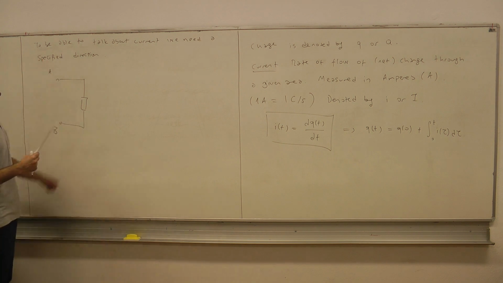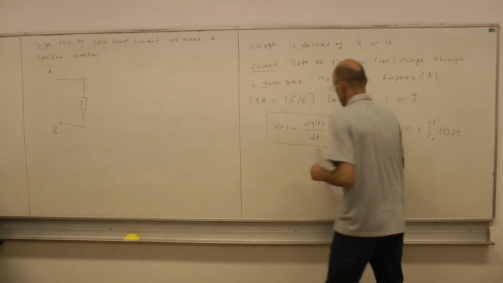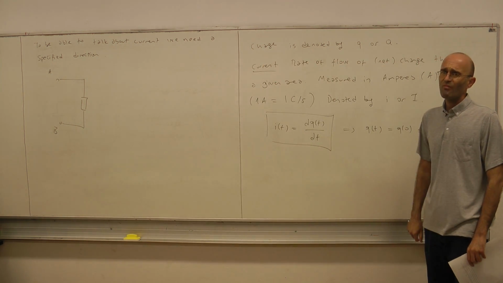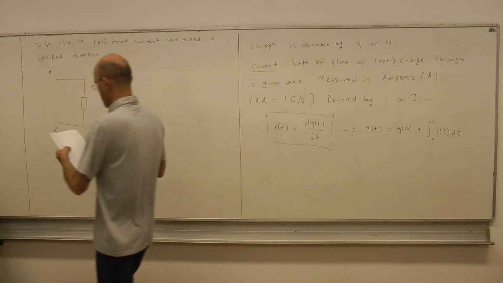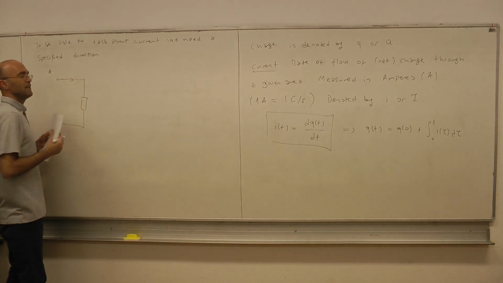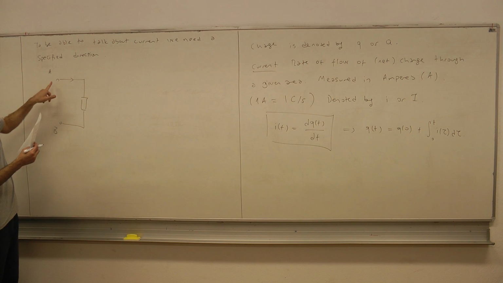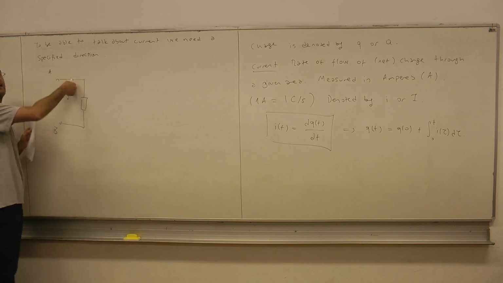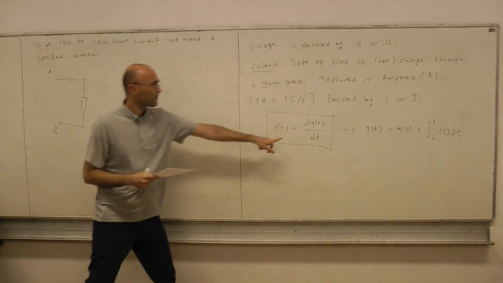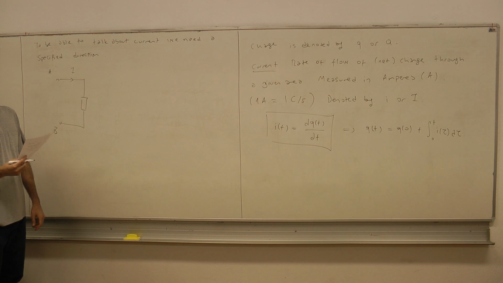Okay, from left to right or right to left, and then you count negative charges, positive charges, and you look at your watch, and according to this mathematical formulation, you figure out the current. Okay? So for that, we need a direction. Suppose that the direction is given from left to right, like that, and then we apply the definition and you measure something. Okay, let's say 12 amps.